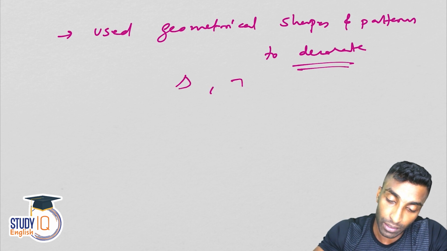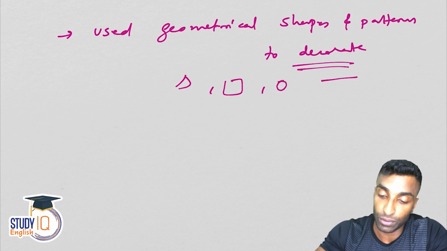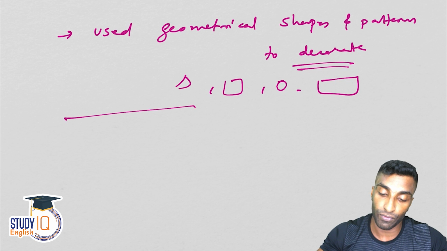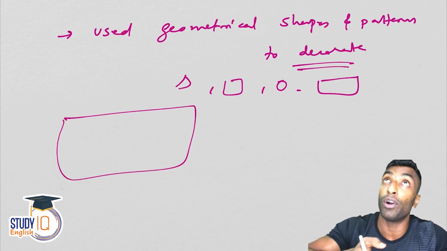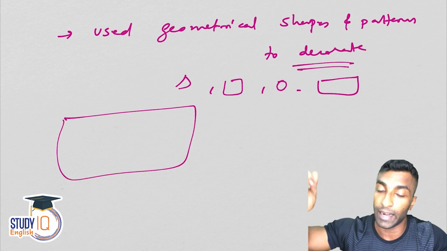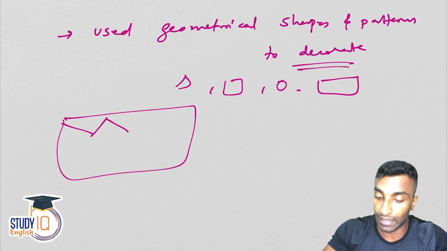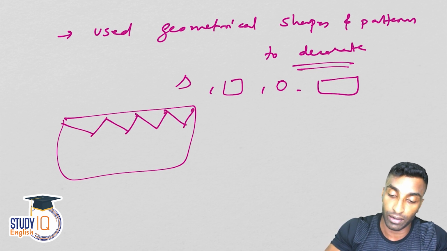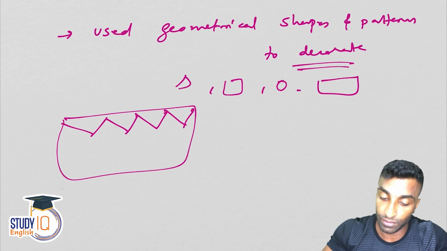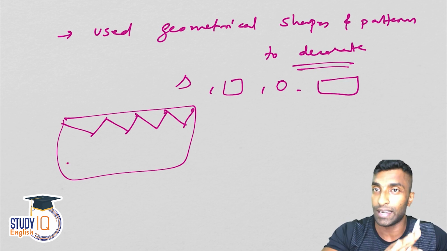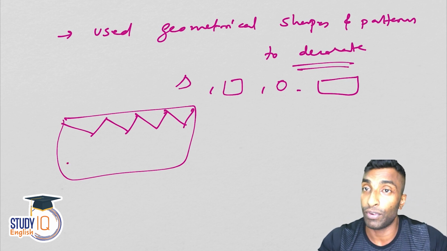You can use triangle, you can use a square, you can use the circle, you can use the rectangle. Like if you see there is a wall or beneath the wall or on the top of the wall or on the side of the wall, you may keep something like this. These are some kind of triangular pattern which is made, right? So this kind of geometrical patterns will be used for the decoration purpose of the building.